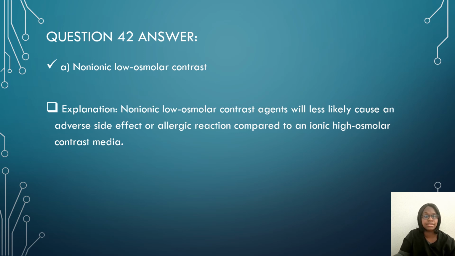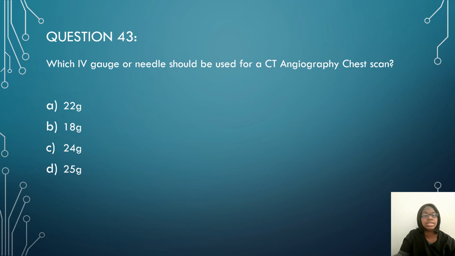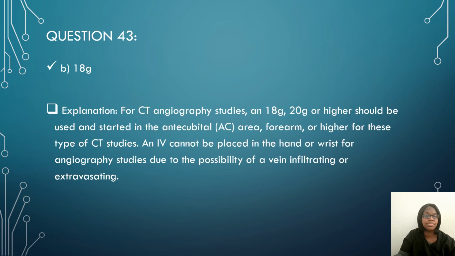Know the different kinds. Which IV gauge or needle should be used for a CTA chest scan? 22, 18 gauge, 24, or 25? 18 gauge. For angio studies, you want to use an 18 gauge, 20 gauge, or higher, meaning you can even use a 16 gauge.